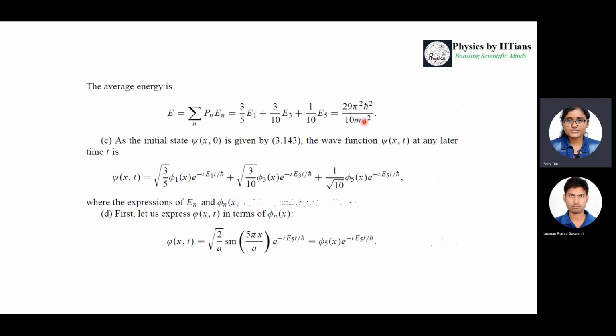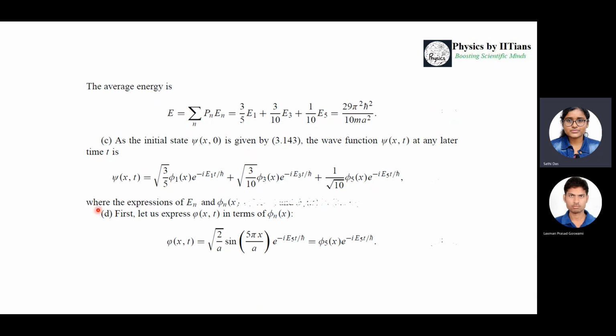Now the second question is: what will be the wave function after any later time t? The initial wave function psi x comma 0 is given, and at a later time t the wave function is psi x comma t.